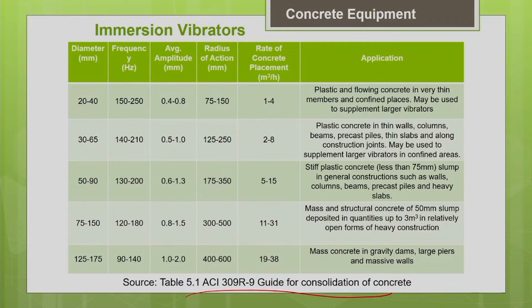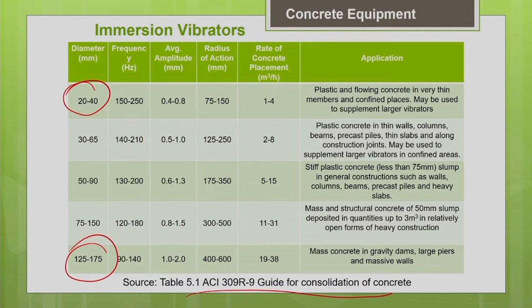There are different types of vibrators available, with diameter ranging from 20 mm to 175 mm. So there are a lot of options available. Depending upon the thickness of your section and the placement rate needed, you can go for the particular diameter of your vibrator.